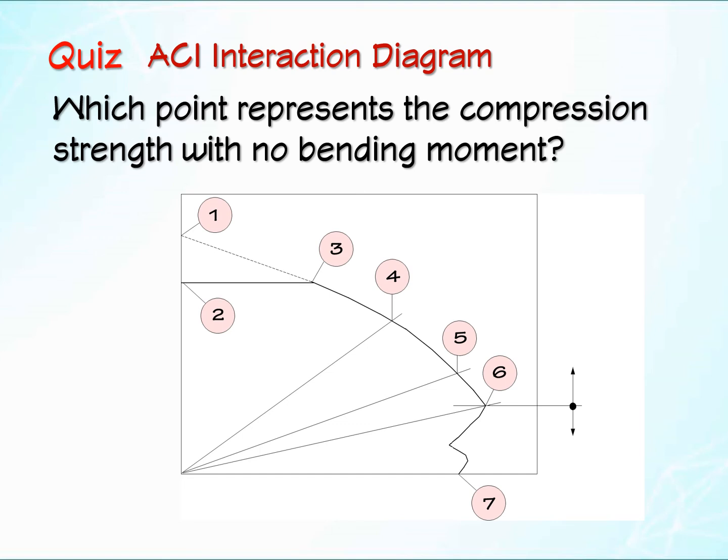This is a general shape of the ACI interaction diagram. We are going to use the ACI interaction diagram very, very intensively. Okay, when you have this type of general shape, please pay attention to this and this point first. Again, this is compression failure, or you may call it column action. And again, along this line, there is no bending moment or bending moment effect.